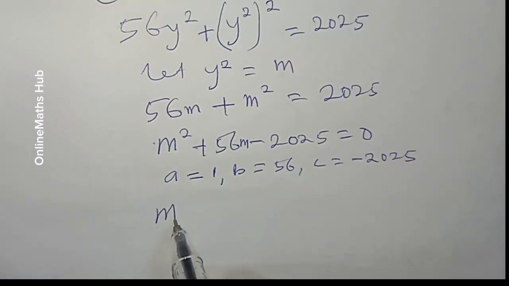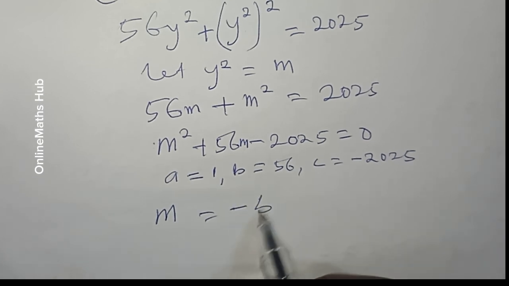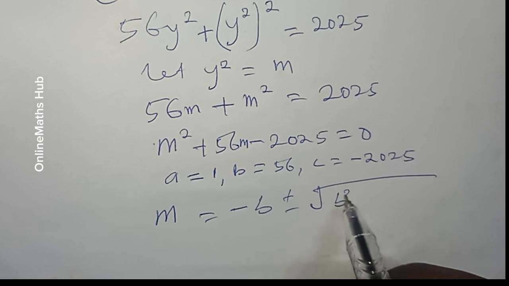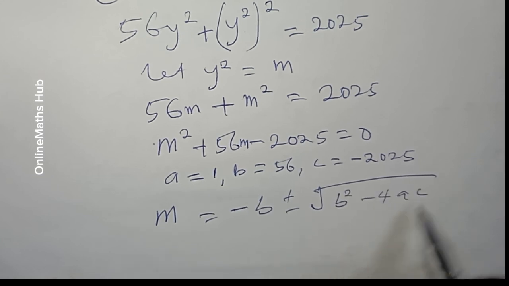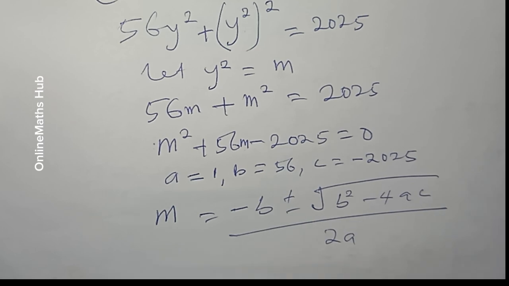So m is equal to minus b plus or minus the square root of b squared minus 4ac, all divided by 2 multiplied by a.